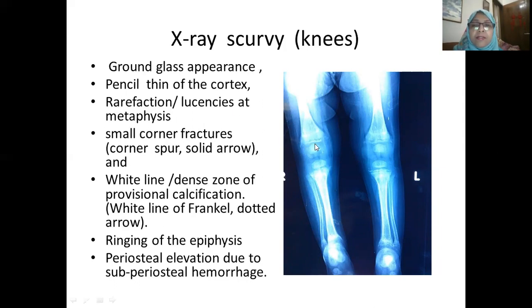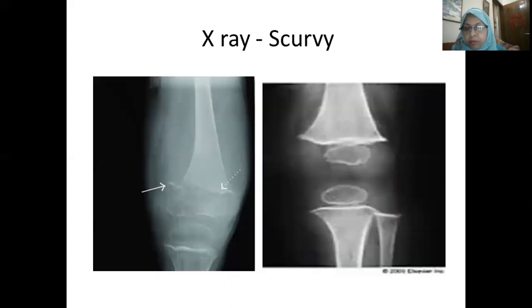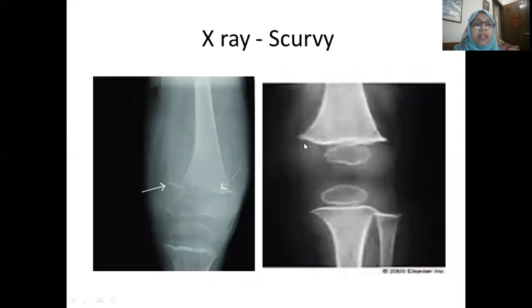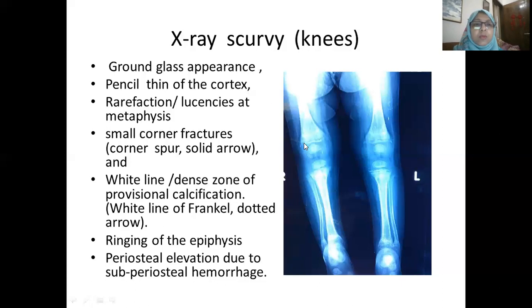And underneath the Frankel's white line, there is a radiolucent area, which is also called fracture zone or lucencies at the metaphysis or rarefaction. And small corner fracture or corner spur.